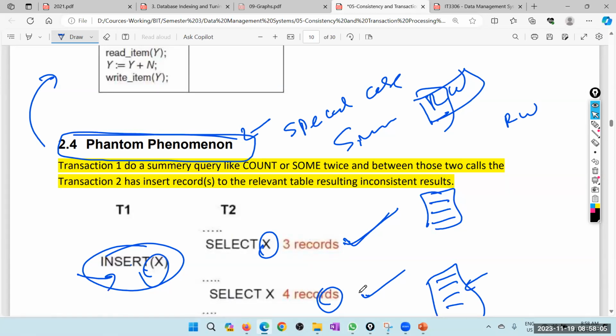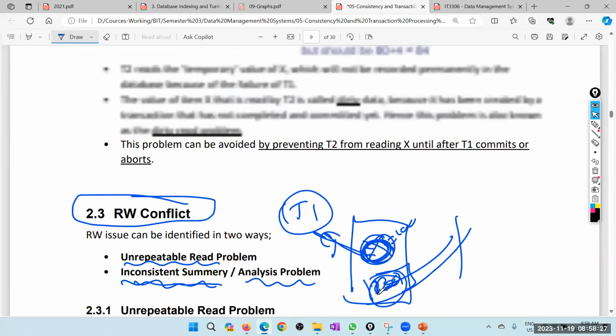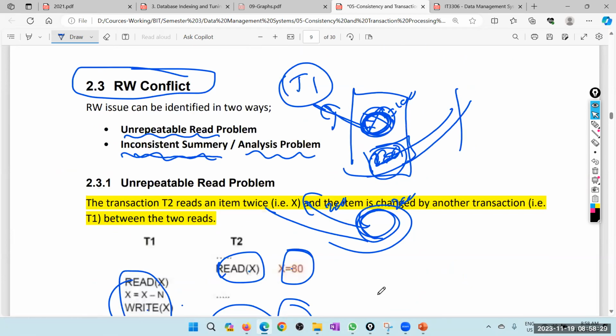So I hope you can understand all these 4 phenomena or 4 issues: write-write, write-read, read-write, and phantom, which is sort of a read-write, but it's not the same data, rather a new record. But you can see that here we don't have something called a read-read issue, because read-read operations are not conflicting at all.